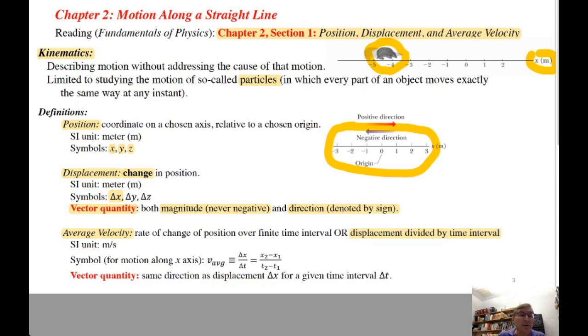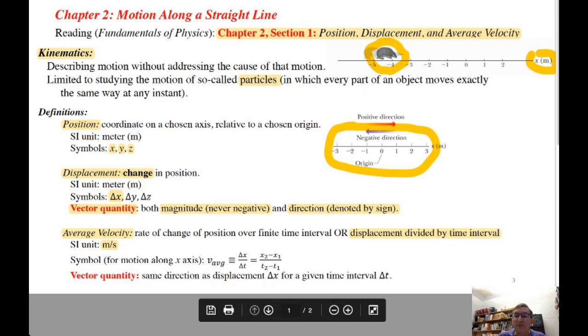What is the SI unit of average velocity? Well, it's the unit of displacement divided by the unit of time interval, so meter per second. What are the symbols that we use in this book for average velocity? I'm going to focus on motion along an x-axis.